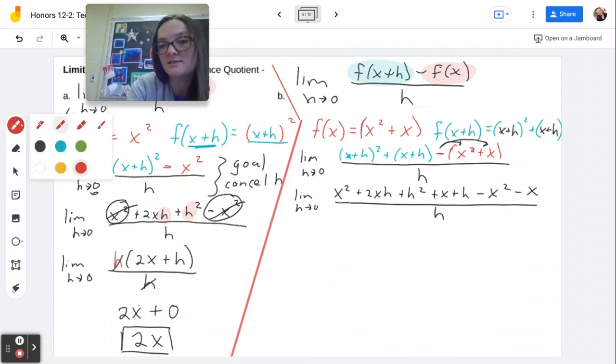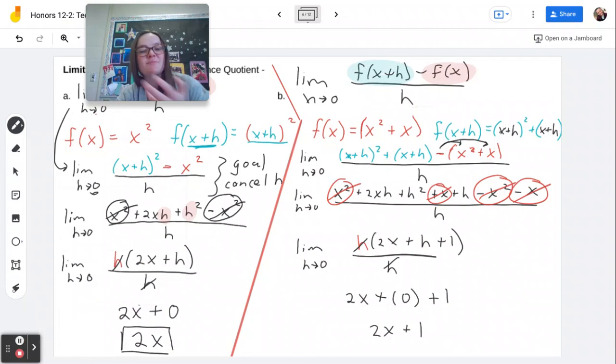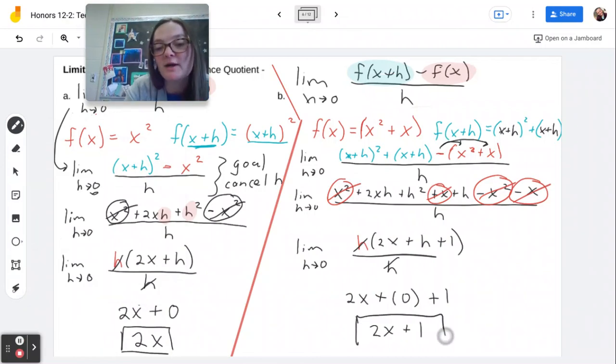What's going to cancel here is the x, the x, the x squared, and the x squared. With some simplifying, we're going to get that the limit is 2x plus 1, which is really similar to the last one.